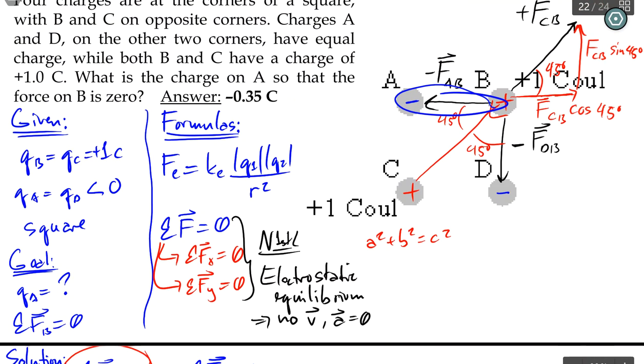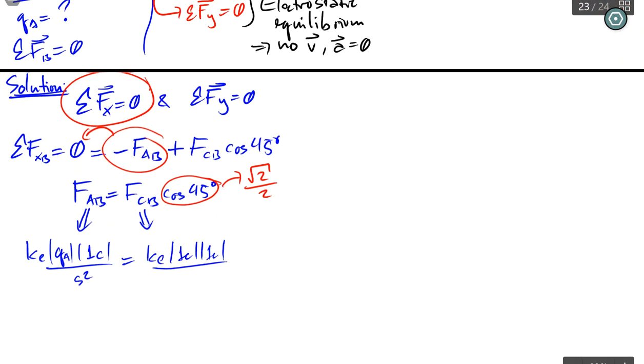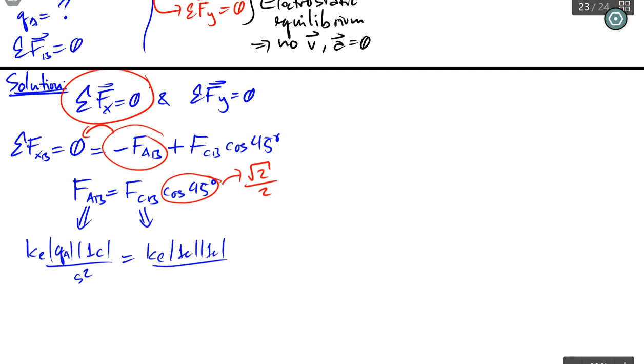But the distance now is square root of 2 S. So it's actually square root of 2 S squared times that square root of 2 over 2.